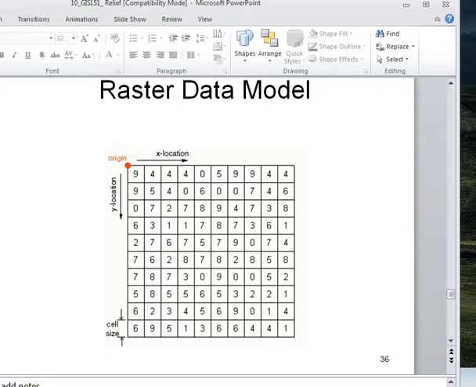And each grid cell has one value. For an elevation model, the value of that grid cell is the elevation. So a digital elevation model is not as precise when you're looking at the real shape of the land and the details, because they've kind of generalized from one feature to the next.